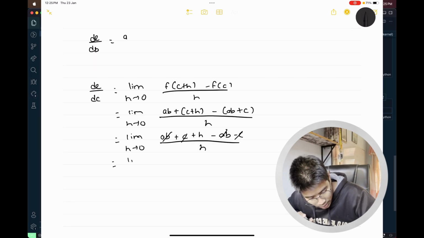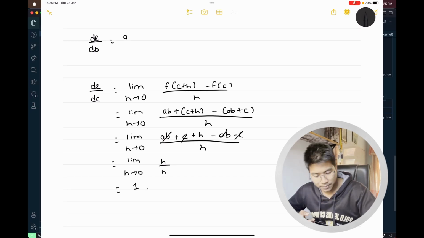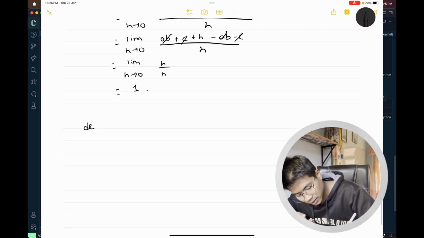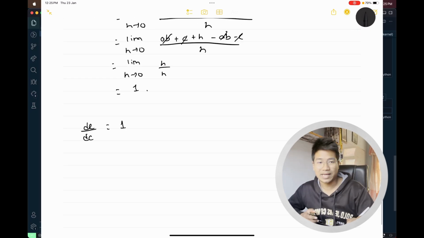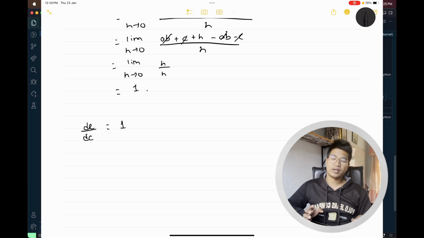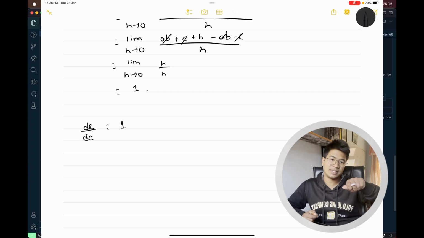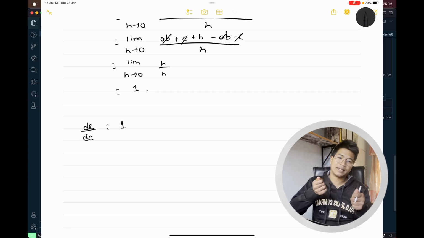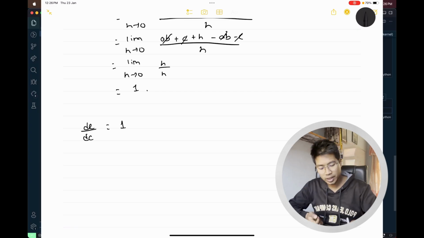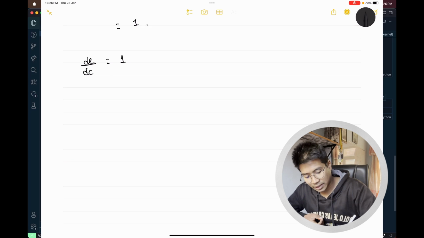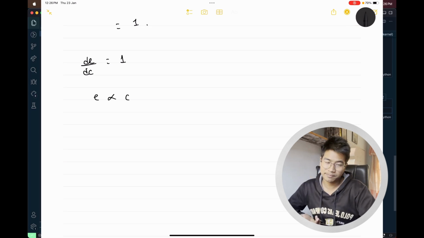AB and C go away, limit as h goes to 0, h by h, you will get a 1. So dE by dC is a 1. What that means is, even when I put A and B as a constant, then changing my C would increase my E by 1 unit. So that is basically meaning that E is directly proportional to C.